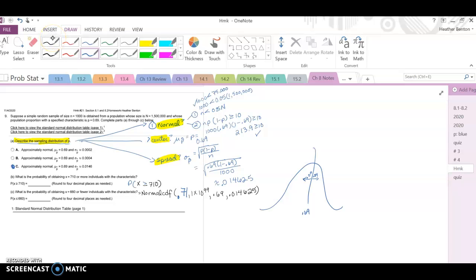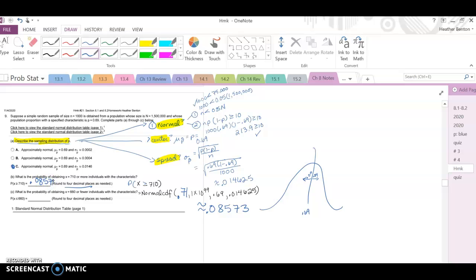Just make sure that it's a proportion, a ratio, a percentage, instead of the actual value or quantity. This comes out to be 0.08573, so to 4 decimal places, 0.0857 would be that one.